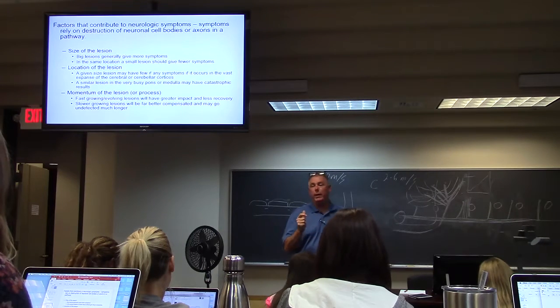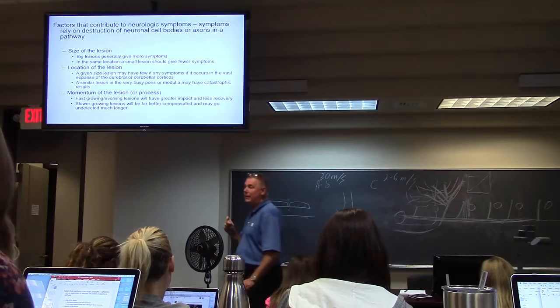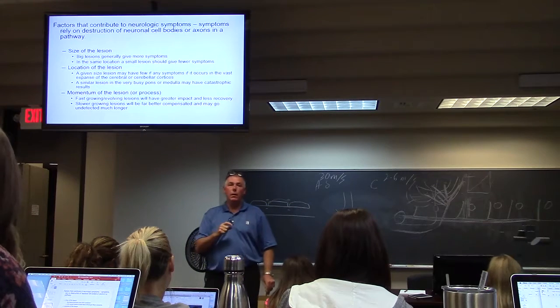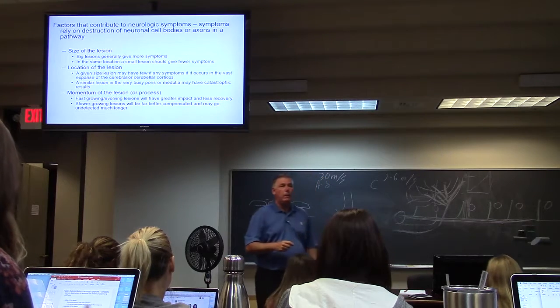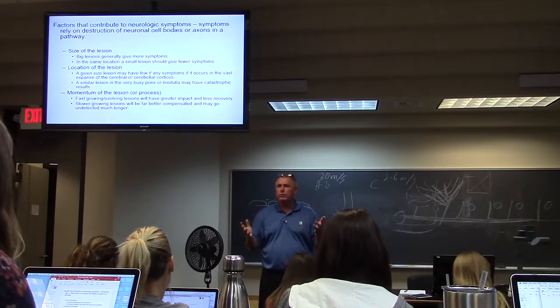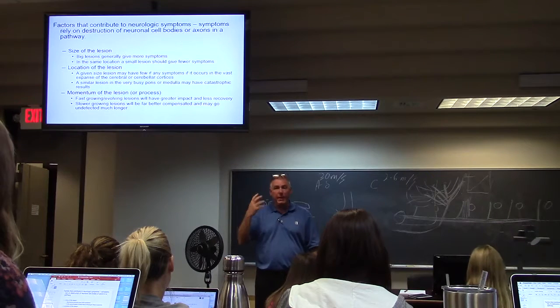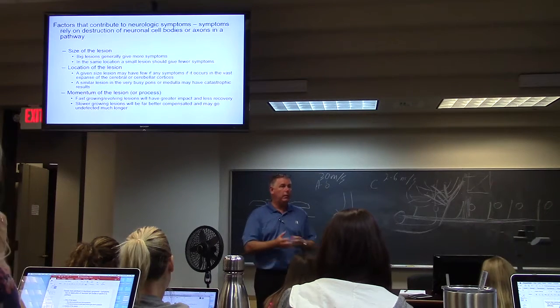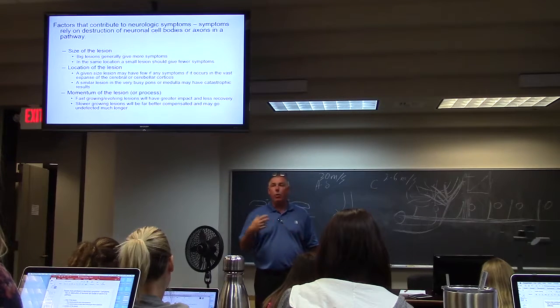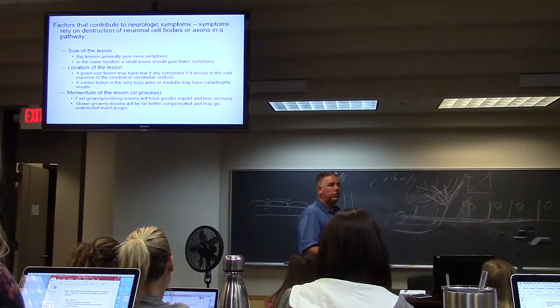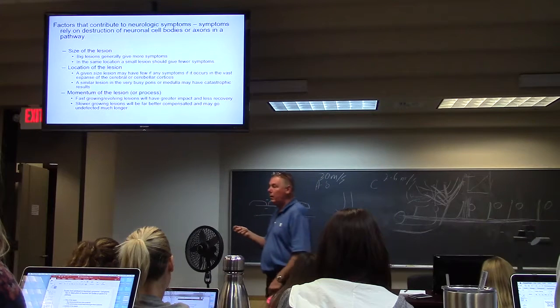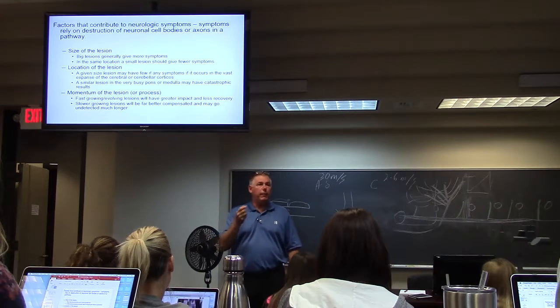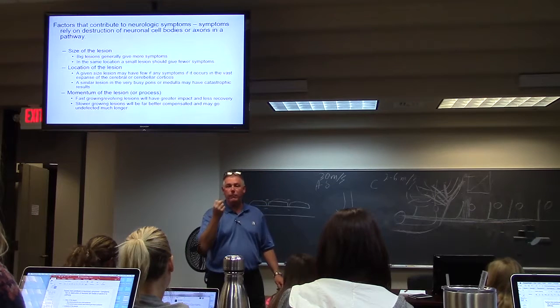The other thing that's important is momentum, how fast that thing grows. There are certain tumors of the central nervous system that grow very slowly. A meningioma, a tumor of the meninges, grows very slowly. A glioma, which is a tumor of glia, is actually called a glioblastoma. There are different stages of glioblastoma from 1 to 4.